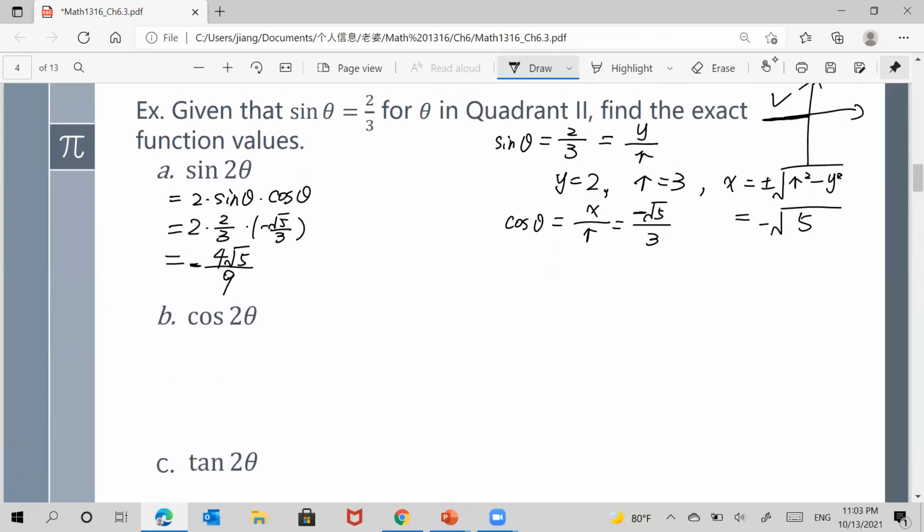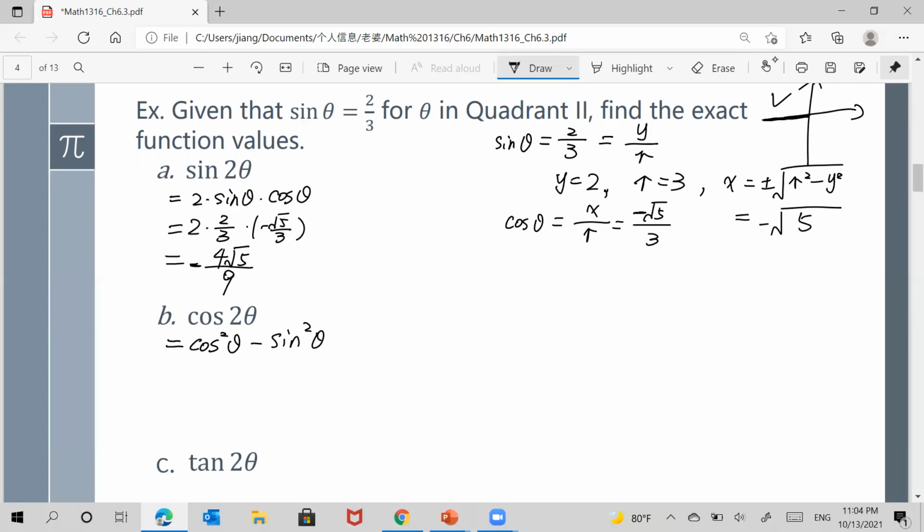Next part, number B, cosine 2 theta. We have learned that cosine 2 theta has 3 formulas. The first one is cosine theta squared minus sine theta squared. So we have the cosine theta and sine theta here.